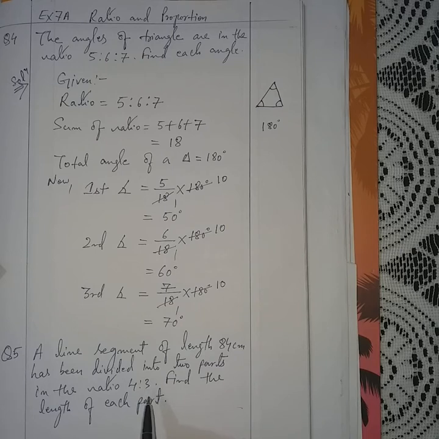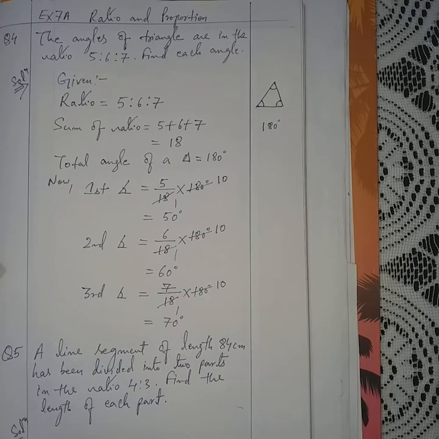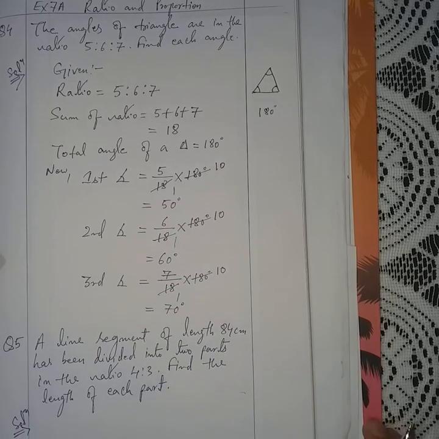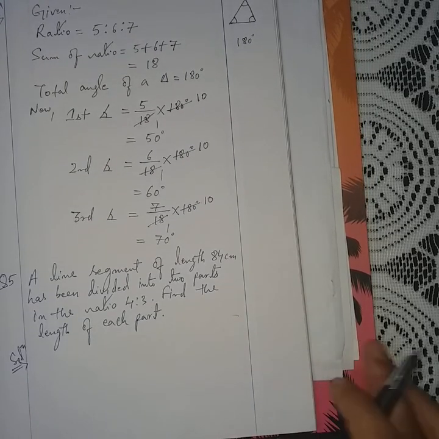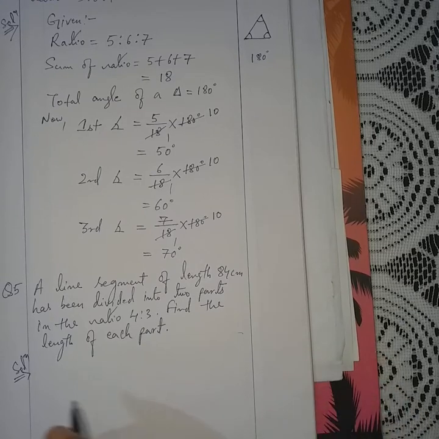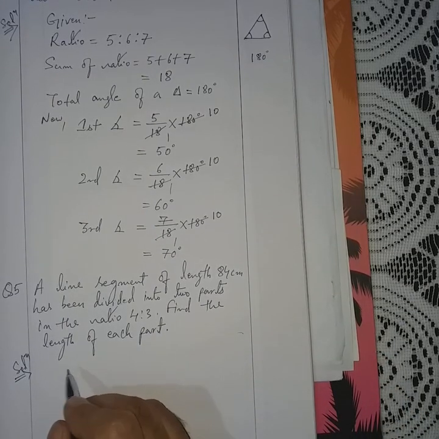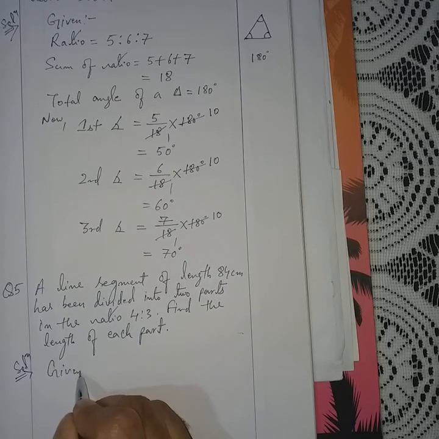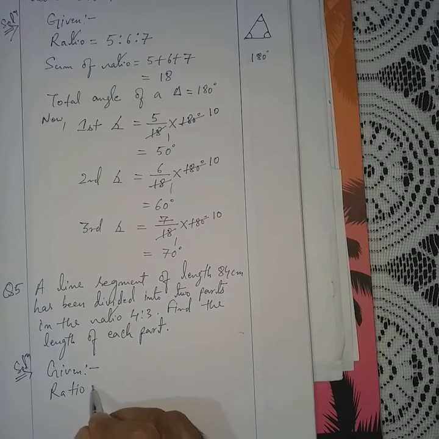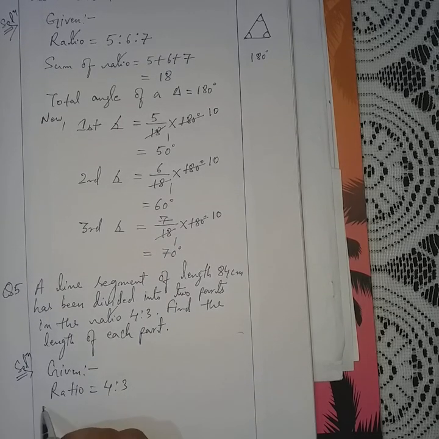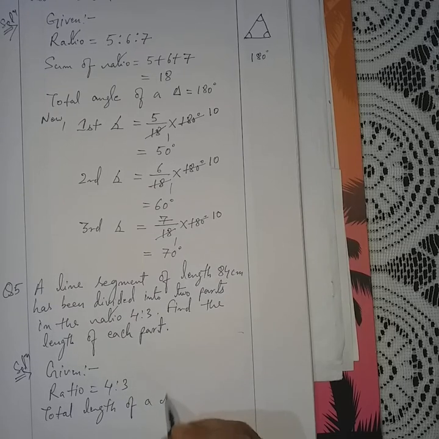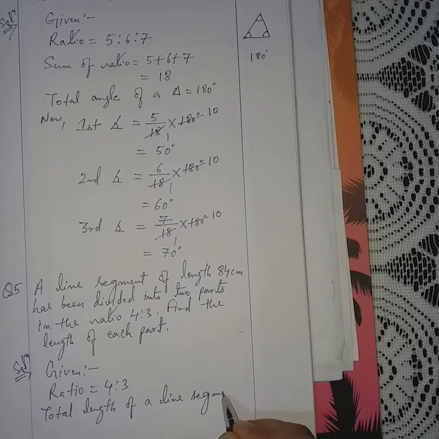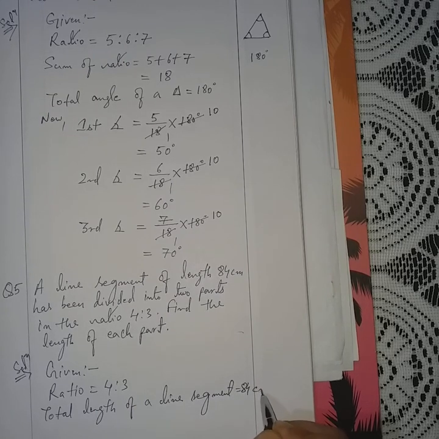So first we have to write the given things: ratio is equal to 4:3, and total length of the line segment is equal to 84 centimeters.